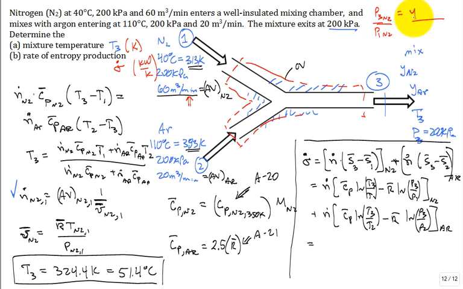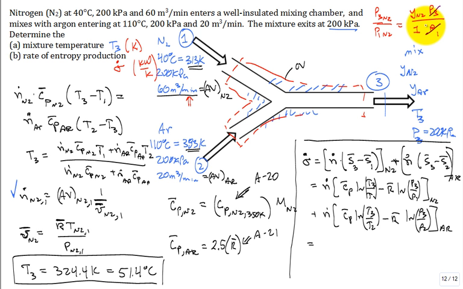Is it going to be the mole fraction of the nitrogen times P3? Is that the partial pressure of the nitrogen coming out? And then what about coming in stream 1? Is it equal to 100% because it was pure nitrogen coming in stream 1 times the pressure at 1? Yes? And do these two pressures cancel because they're the same magnitude?